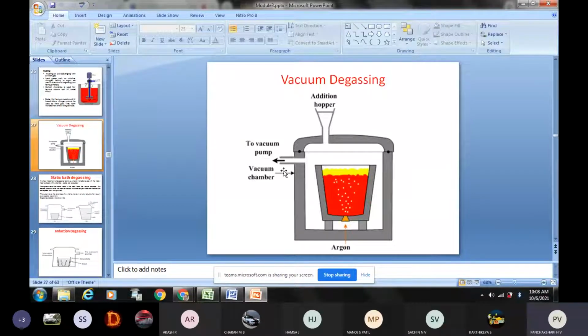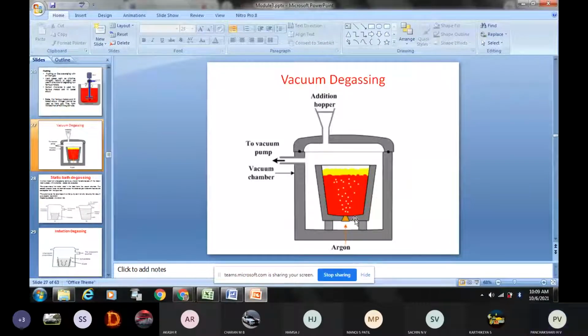Like that here also, whatever air was present in this chamber will be sucked out, and then a vacuum is maintained within the chamber. Inside that vacuum chamber, the liquid metal is placed.